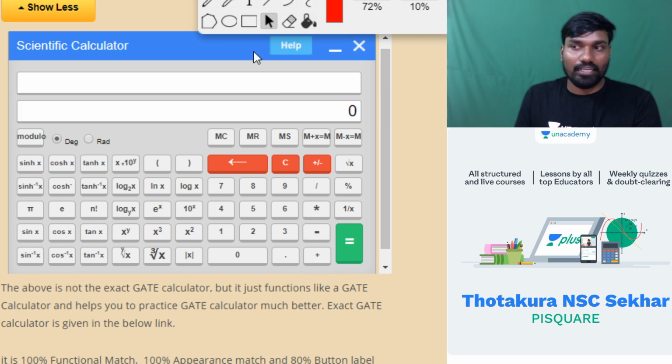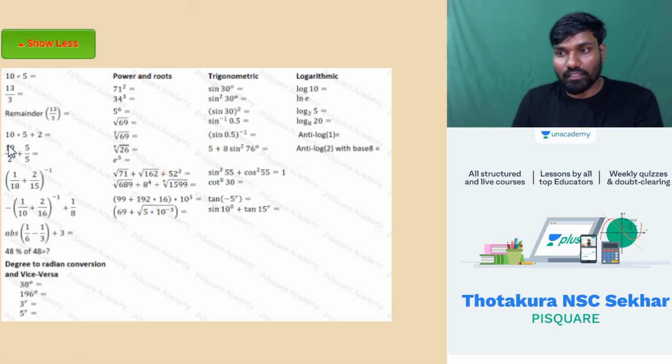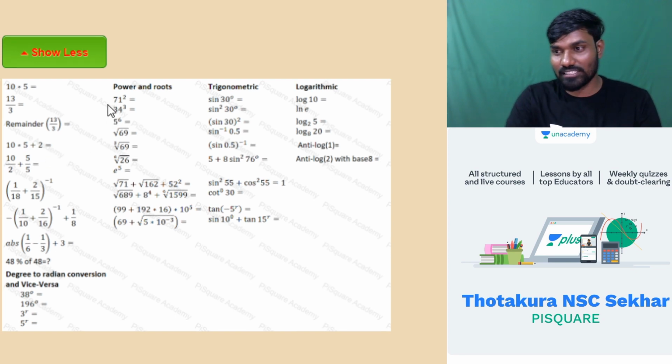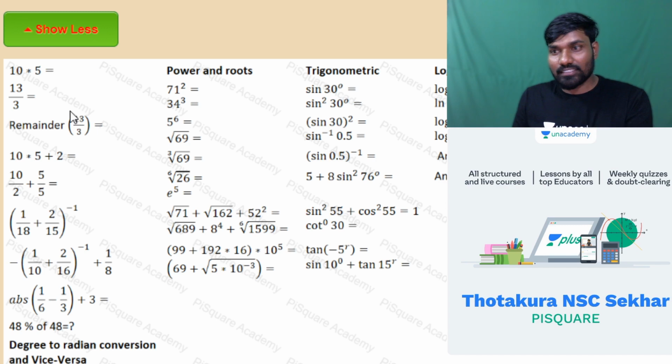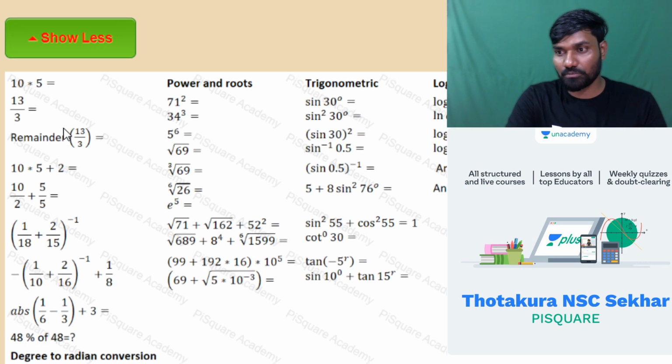Anyways, next operation: 13 into 5 plus 2. I want to perform this. I don't think you will be able to see what is here, so I'll zoom a little more.